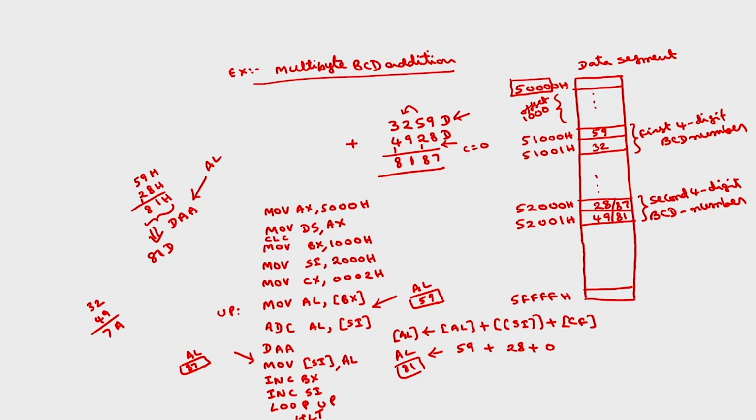If it is multi-byte binary addition, we have performed it without using this loop and all, in a single stage. The third example is a program on ASCII, again a multi-byte ASCII addition.